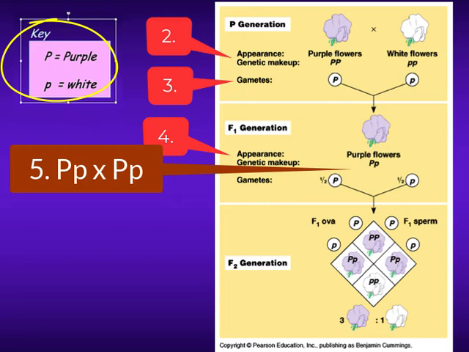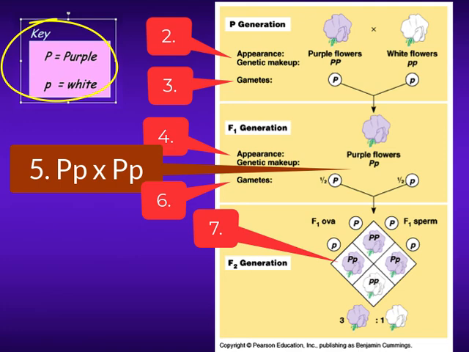Step 5 is take 2 of the F1 generations to make them parents of the F2 generation, the grandkids. So you identify the appearance and the genotype of the F1 parents to the F2s. Then you identify the gametes. That's step 6. Step 7 is fertilization.